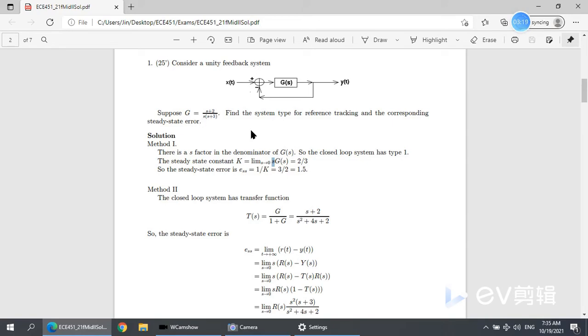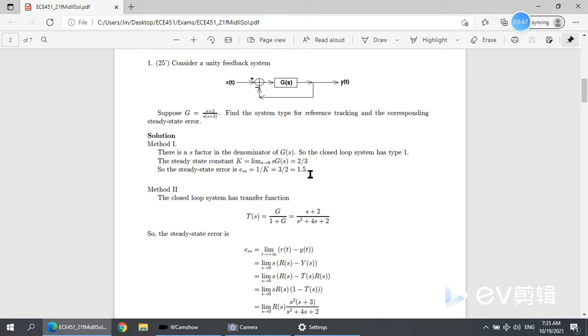You just multiply s on G, and you will have (s plus 2) over (s plus 3). That s is cancelled. Then with s tending to 0, you only have 2 over 3. Now what is the steady state error? It is 1 over k, which is 3 over 2. So we have the result.